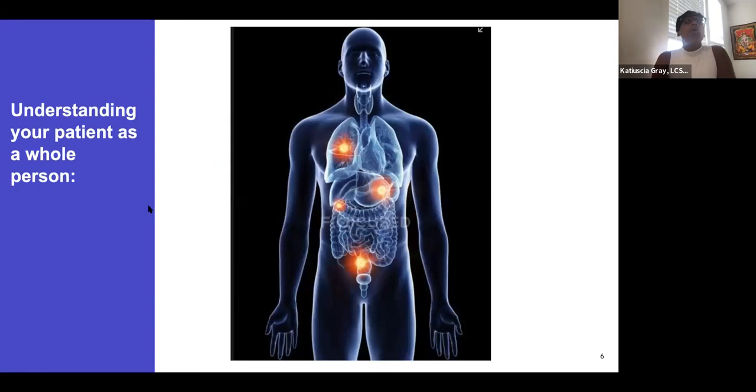The purpose of the biopsychosocial is also understanding your patient as a whole person. Your patient is not just their anxiety. They are not just their depression. This person is coming to us seeking help. For example, they're coming to us because they're anxious, because they're depressed. That's what they're presenting.